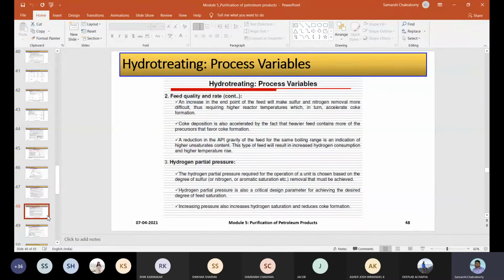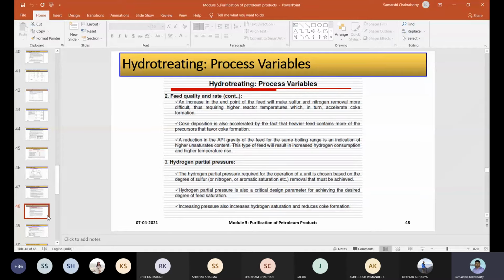If hydrogen is not present, and aromatic or olefinic products are present in your feedstock, then if you increase the temperature, there's a first tendency that it will directly form coke. But if saturated hydrocarbons like paraffins are present, then increasing the temperature won't have too much impact on your coke formation.